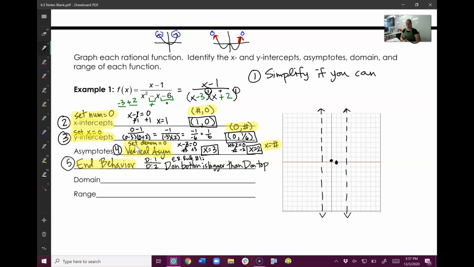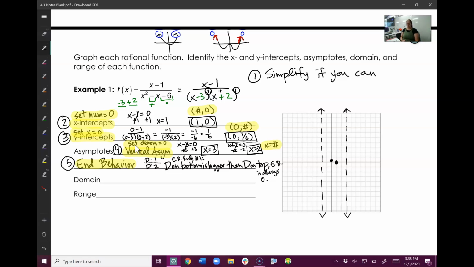If the degree on bottom is bigger than the degree on top, then your answer, or I should say end behavior, is always 0. Period. If the degree on bottom is bigger than the degree on top, it's always 0.